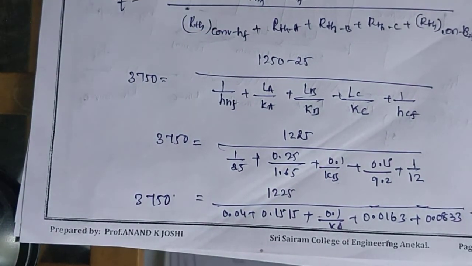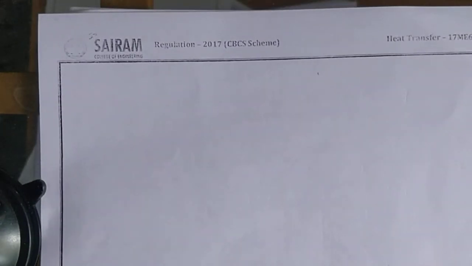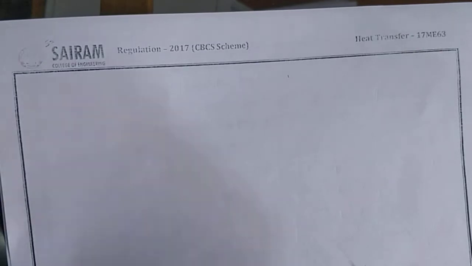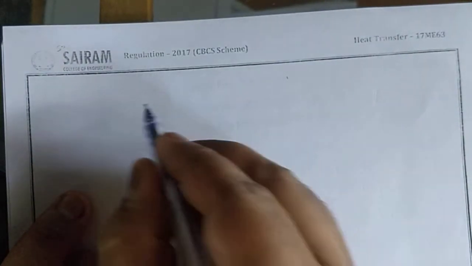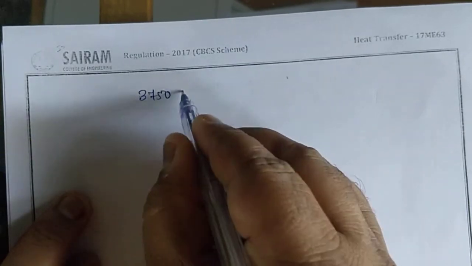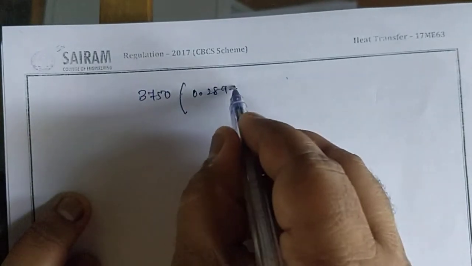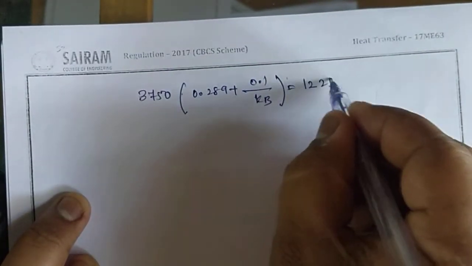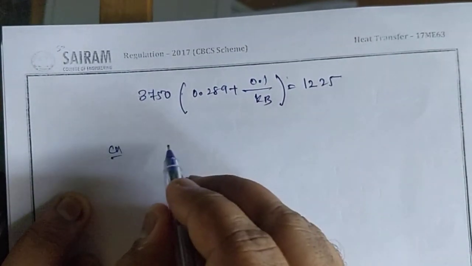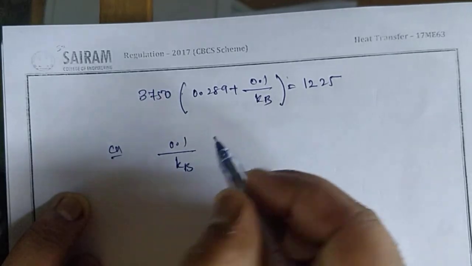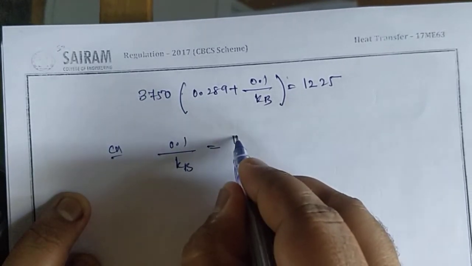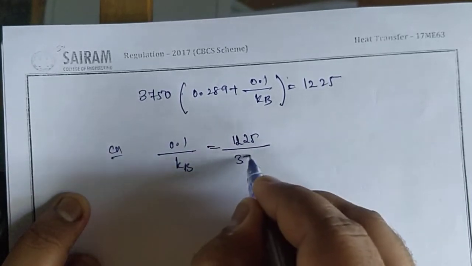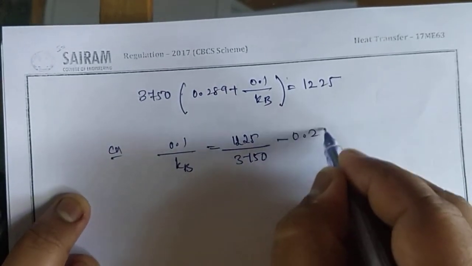Once you know this value, next you have to find out Q. That is 3750 equals 1225 divided by (0.289 plus 0.1 by KB), or we can write 0.1 divided by KB is equal to 1225 divided by 3750 minus 0.2911.